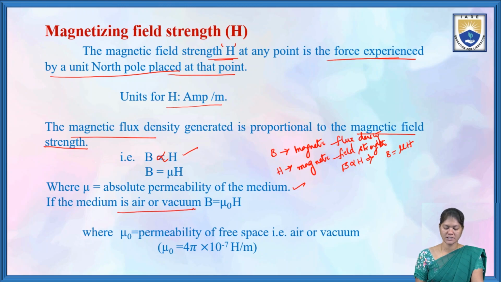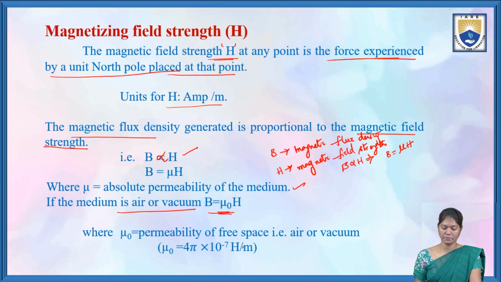If the medium is air or vacuum, then the magnetic flux density B is equal to mu naught H, where B is the magnetic flux density, mu naught is the permeability of free space, and H is the magnetic field strength.